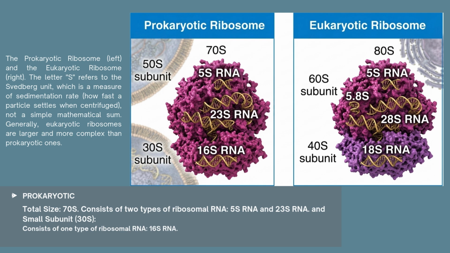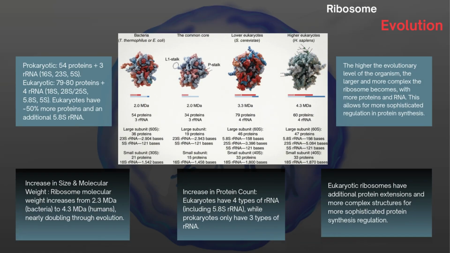Bacterial ribosomes are characterized as 70S units. The S refers to Svedberg units, which denote the sedimentation rate during ultracentrifugation. They consist of a small 30S subunit and a large 50S subunit. The structural divergence between these and eukaryotic 80S ribosomes allows for selective toxicity by antibiotics such as tetracycline and chloramphenicol.